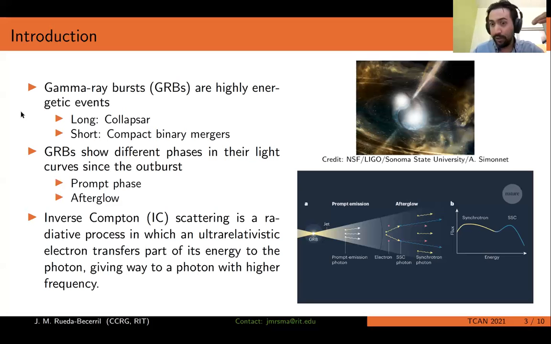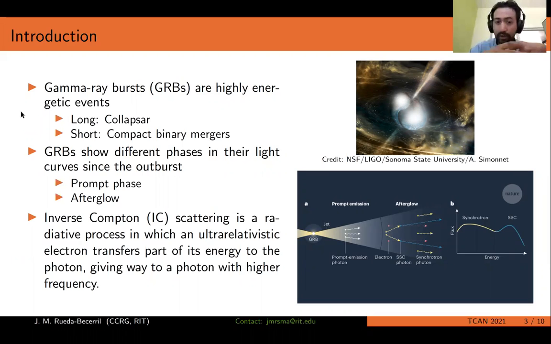In the afterglow phase, there is the consensus that particles are being accelerated by the shock that is formed after this relativistic jet starts propagating outwards.